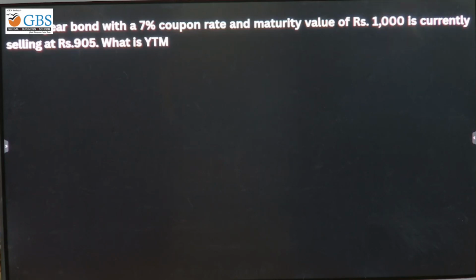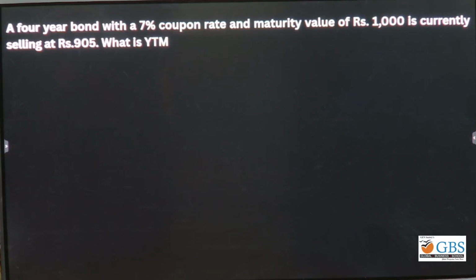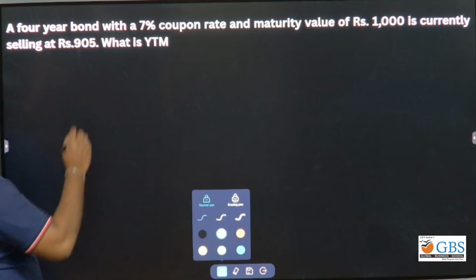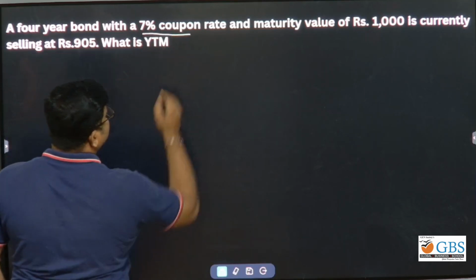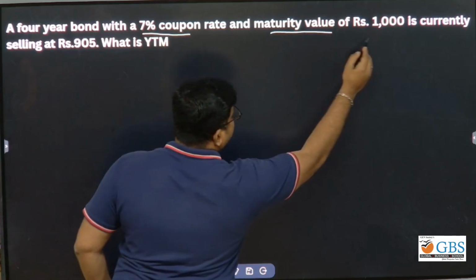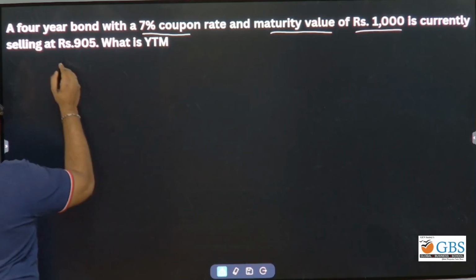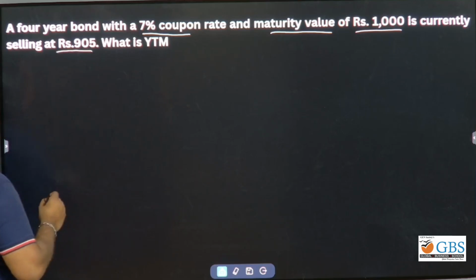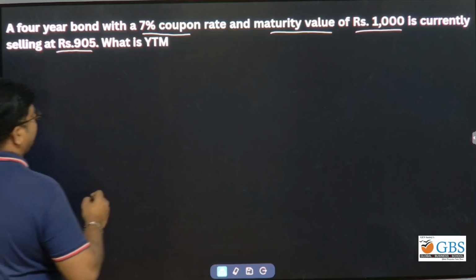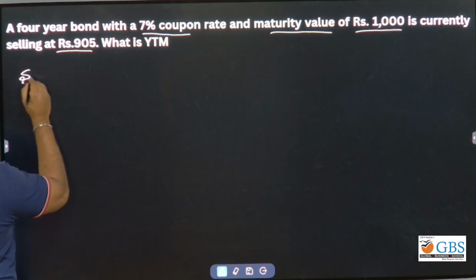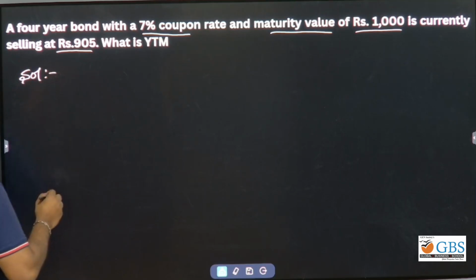A 4-year bond with a 7% coupon rate and maturity value of rupees 1000 is currently selling at 905. What is the YTM? The first thing we need to do is write down the given data.